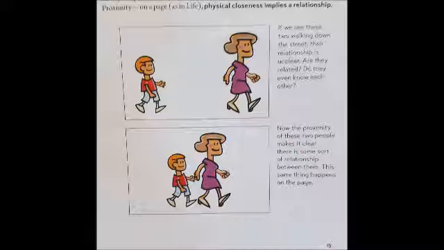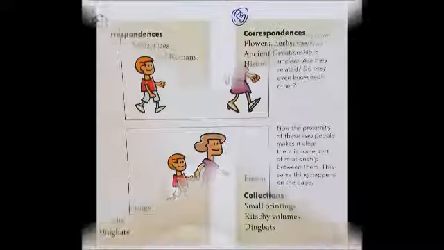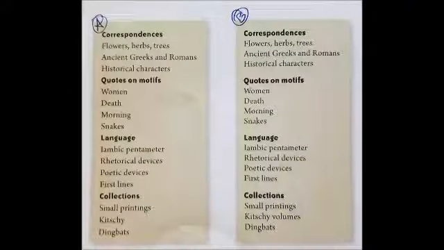The first example is a set of images where proximity is used to define the relationship between these two people on the page. In the second image, where they're placed close together, it is clear that they know each other and are likely mother and son. In the second example, this is a set of images that contain only text, but also shows the power of proximity to visually organize information for the viewer.